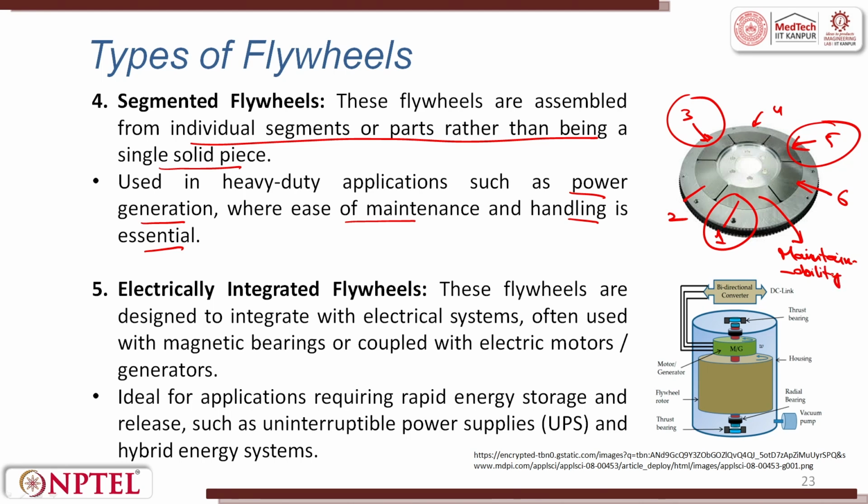These are easy to transport as well, because if a heavy or big size flywheel is there, it could be 1 meter, 2 meters. If small segments are there, these can be easily stored in the transport vehicle and easily transported. These are also easy to install because different segments are there, and definitely maintainability is there.